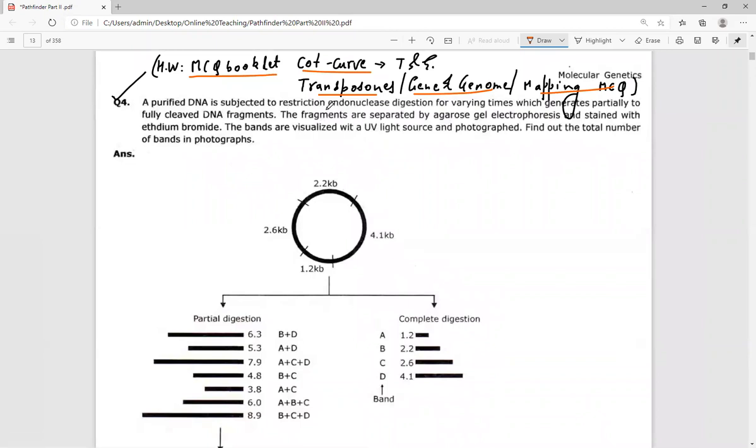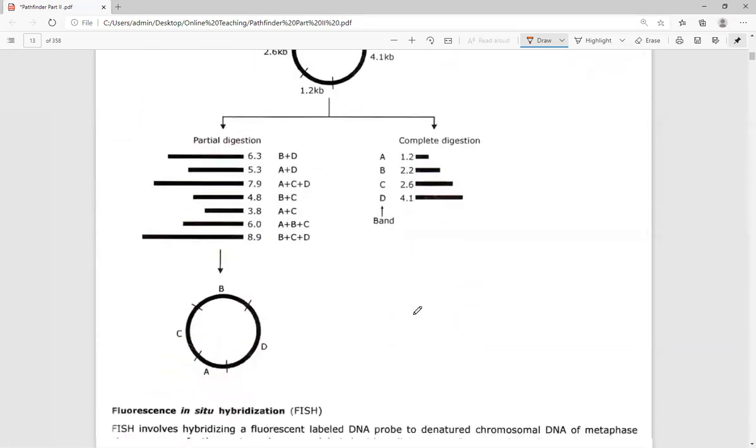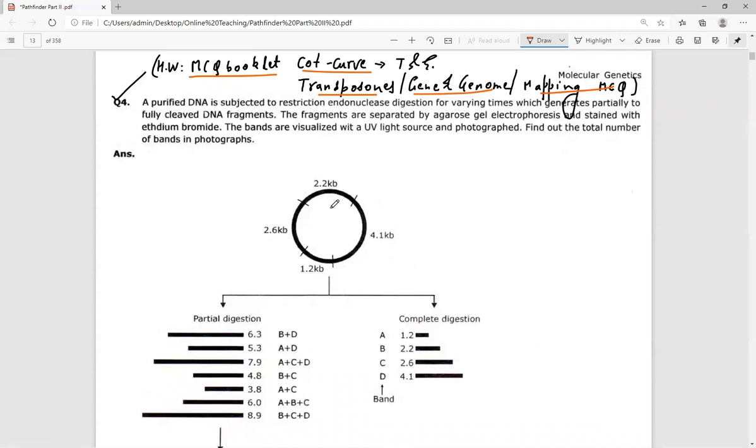A purified DNA is subjected to restriction endonuclease digestion for various times, which generates partially to fully cleaved DNA molecules. You have taken a purified DNA molecule and cleaved it with several different restriction enzymes.